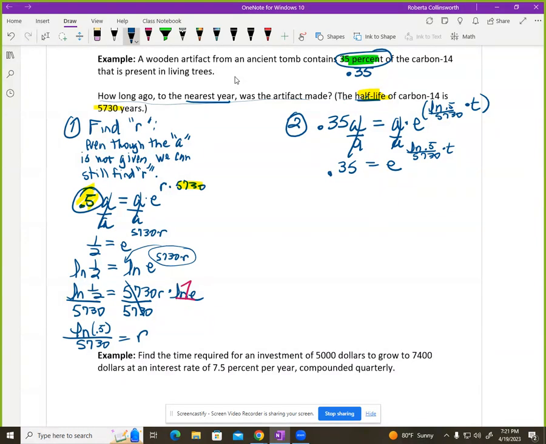And I'm going to do the same thing that I did over here. I'm going to take the natural log of both sides. I'm going to move this over. This is going to move over here, just like I did here.